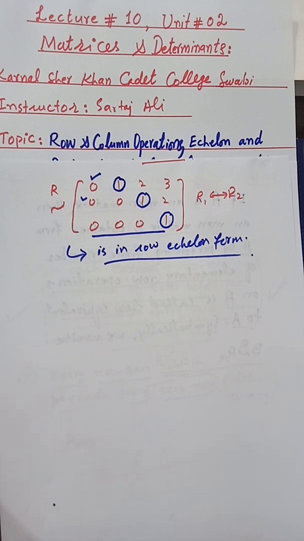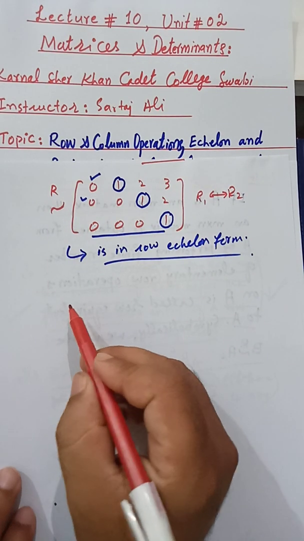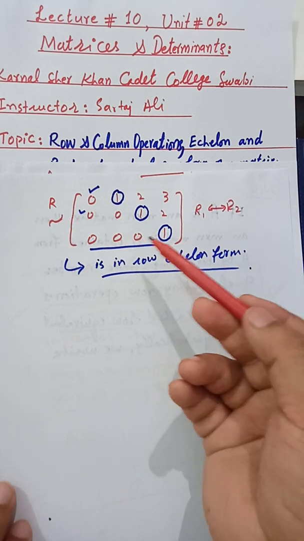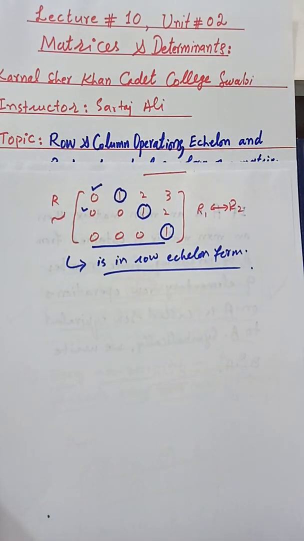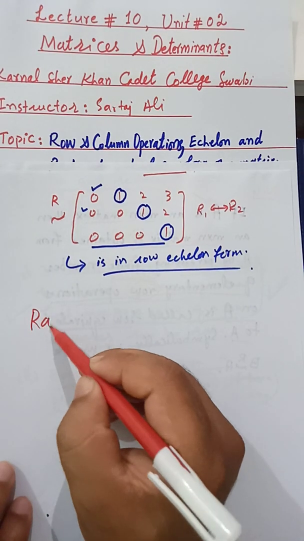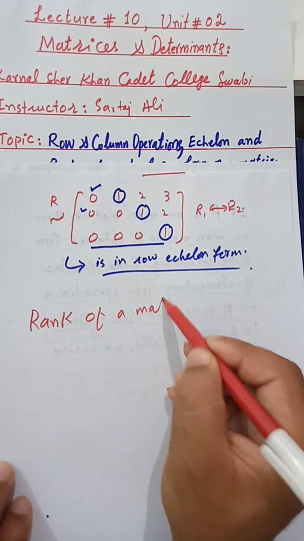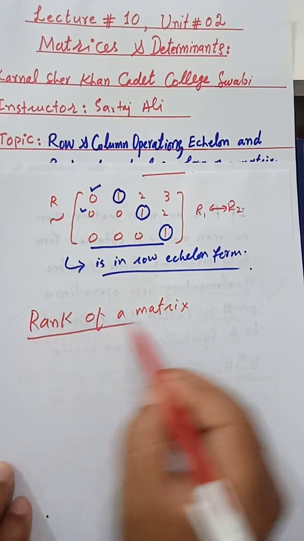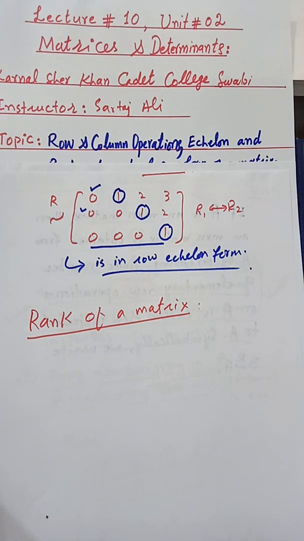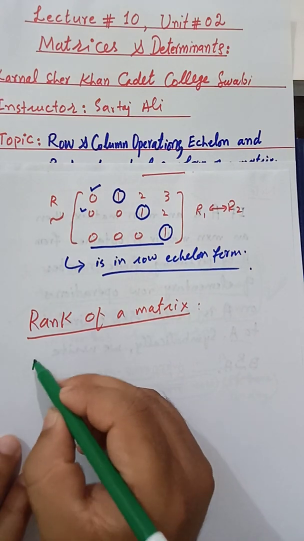For example, if I consider a matrix in the echelon form, you see that this matrix is in the echelon form, you see it here. So the number of the non-zero rows of a matrix in the echelon form, that is the definition of the rank. So rank of the matrix is the number of the non-zero rows.